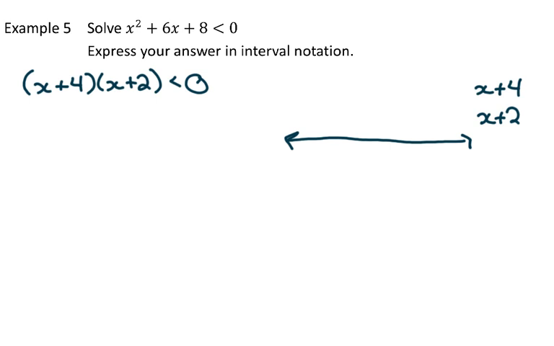We're going to ask ourselves, in x plus 4, what number would I substitute in for x to turn x plus 4 into 0? Well, that number is negative 4. I'm going to pick a number to the left of negative 4. Let's go with negative 5. If I substitute that into x plus 4, I get negative 5 plus 4, which is negative 1, a negative number, and anything on the left side would be negative.